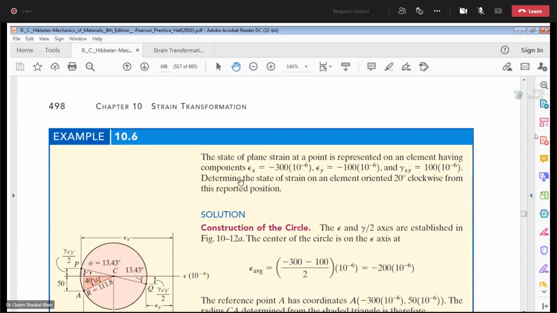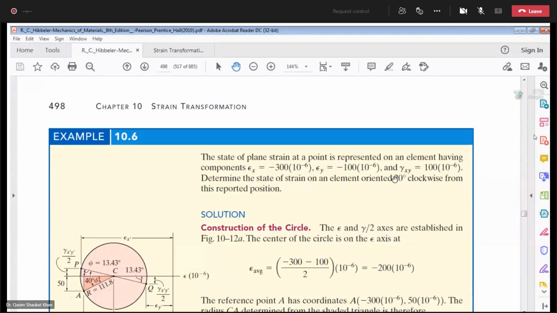And what we are going to do is determine the state of the strain on an element oriented 20 degrees clockwise. 20 degrees clockwise means theta is minus 20, and this is theta on the element.